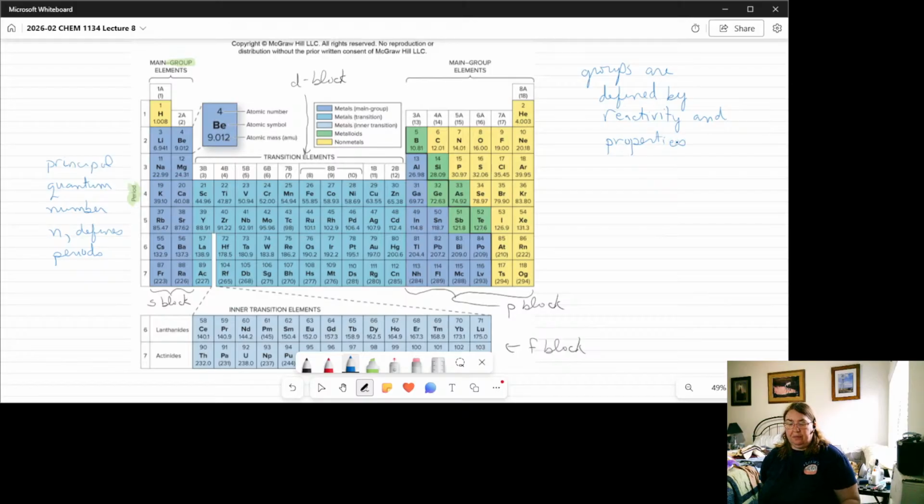Okay, so group 1A or 1, and this particular periodic table has kind of the old nomenclature on the top, 1A, 2A, 3B, 4B, 5B. I'm not really sure where that comes from. The modern nomenclature is just 1, 2, 3, 4 number the columns across the periodic table, so much, much easier to deal with.